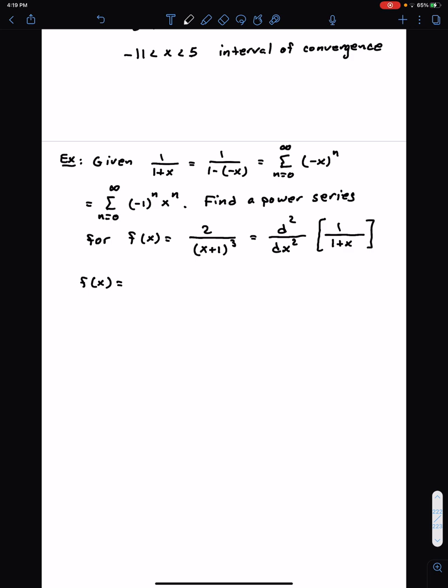So if I want a power series for this function, 2 divided by x plus 1 cubed, which is the second derivative of 1 divided by 1 plus x.